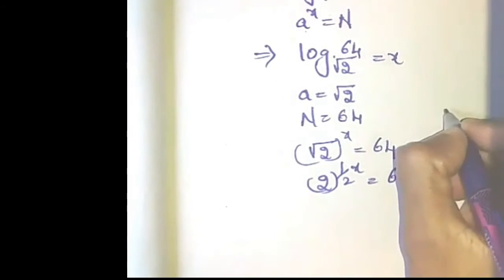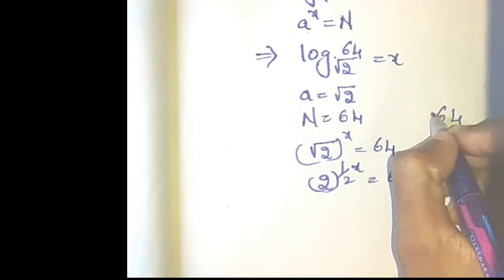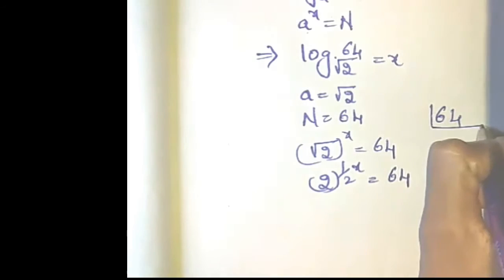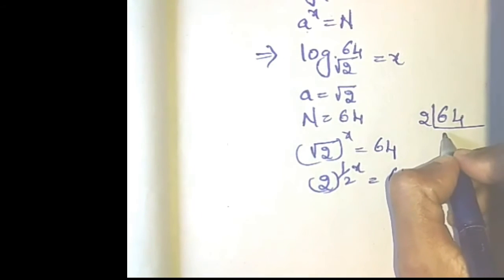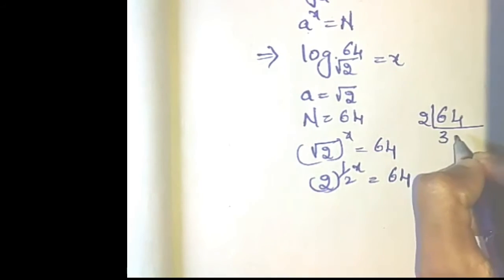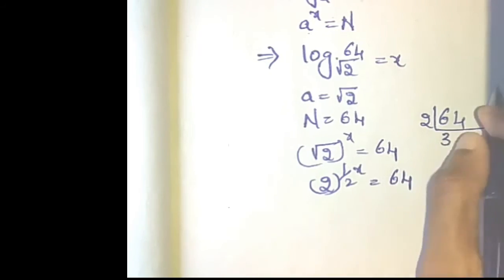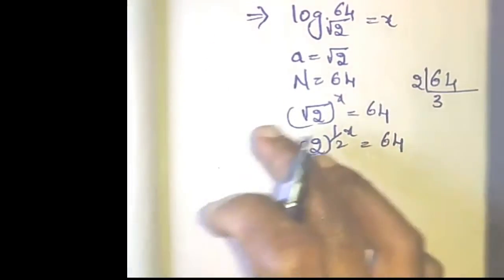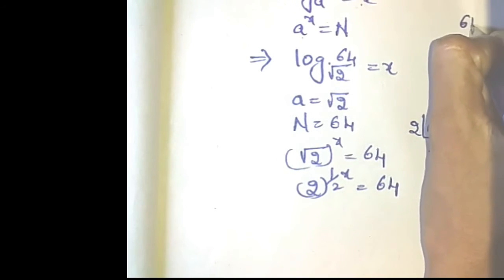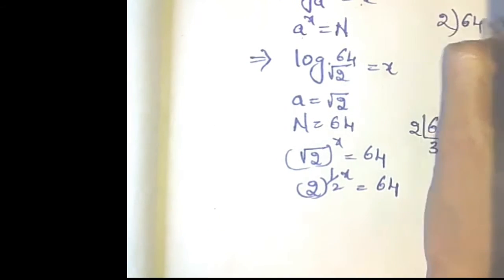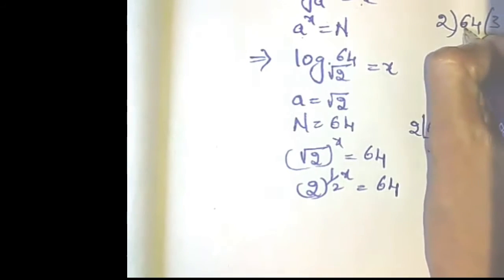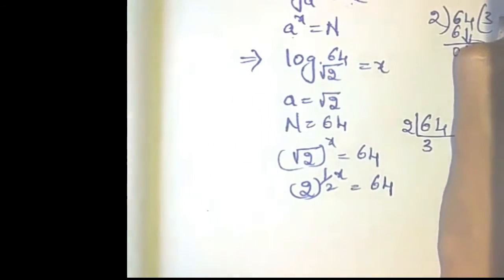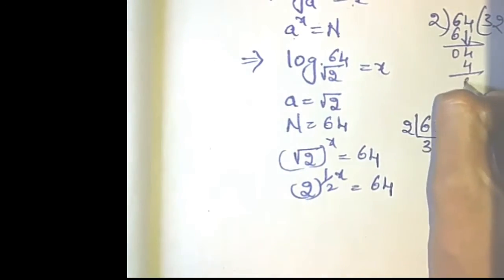Let's see here, 64 divided by 2, 2 threes are 6, remainder is 0, so take 4, 2 twos are 4, remainder is 0.